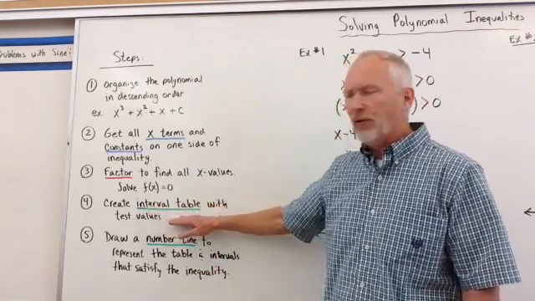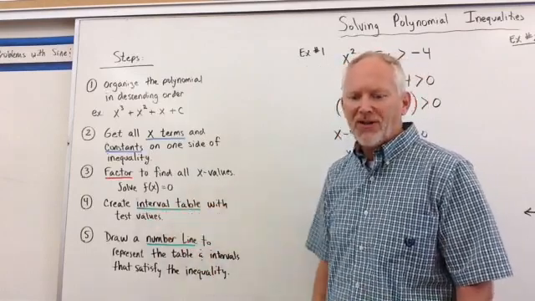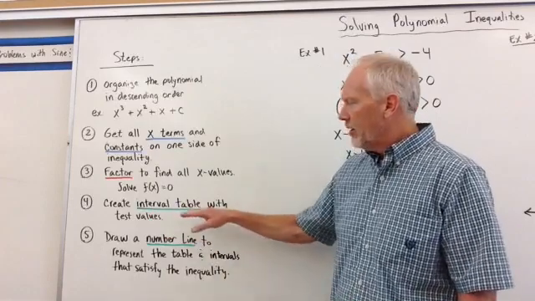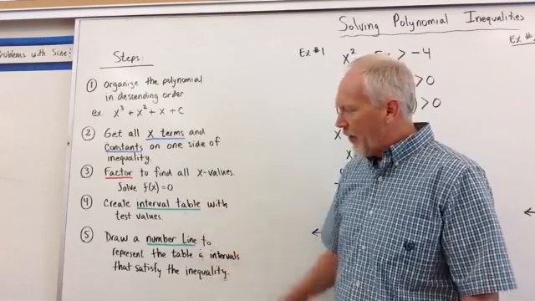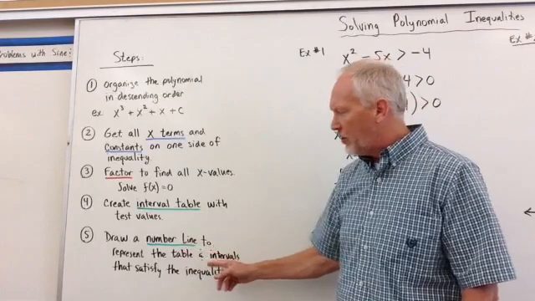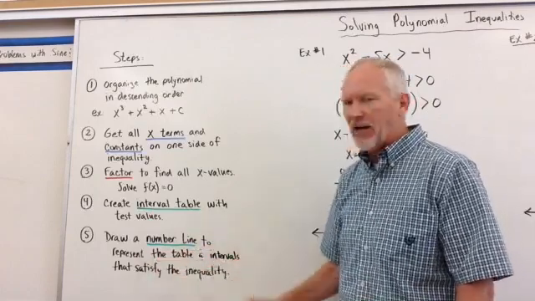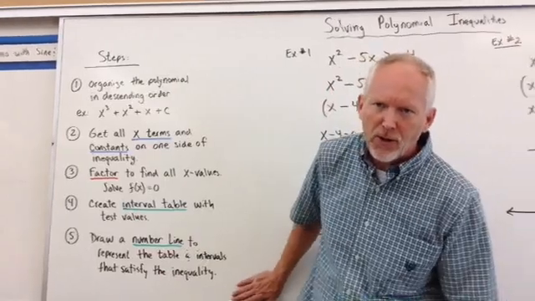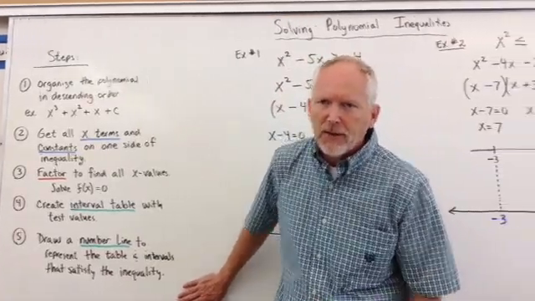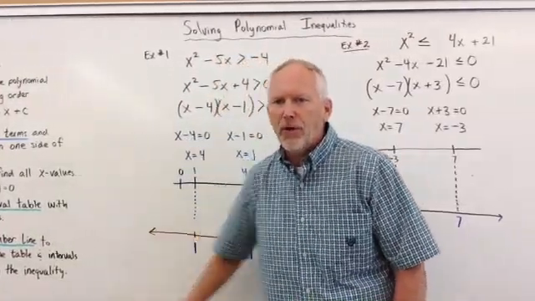Then we create an interval table. We can input test values. Then step 5, finally, is we draw a number line to represent the table and the intervals that satisfy the inequality.